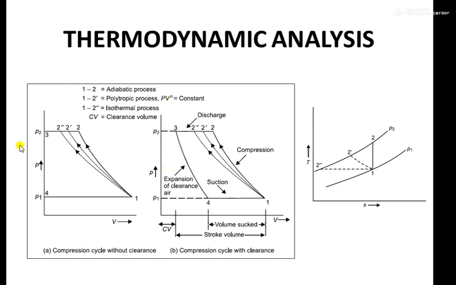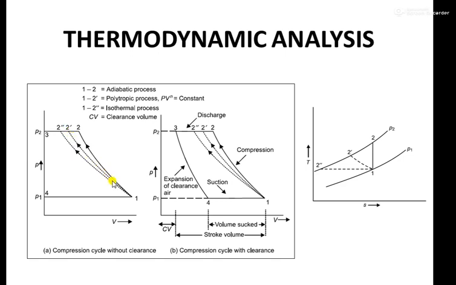So in the previous lecture, we had studied how to draw this PV diagram and how this PV diagram represents different processes of the reciprocating air compressor. In that PV diagram in the last lecture we had discussed that the compression process is primarily considered to be polytropic.